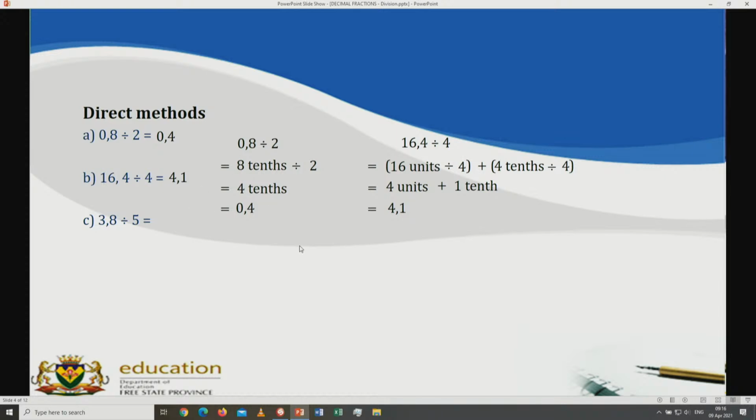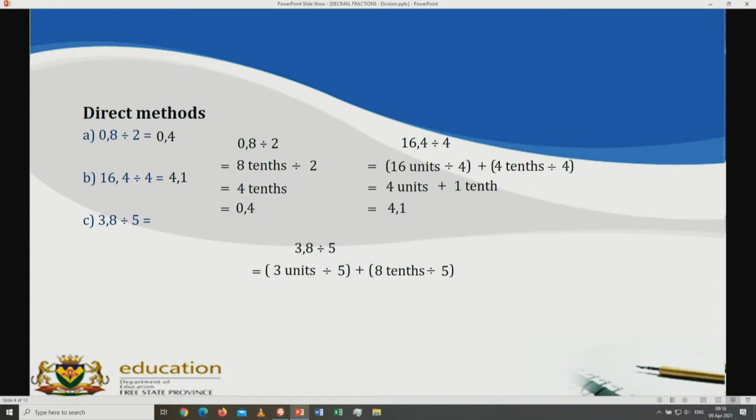And then the last one. Number C, we are having 3,8 divided by 5. It means we are having 3 units divided by 5 plus 8 tenths divided by 5.